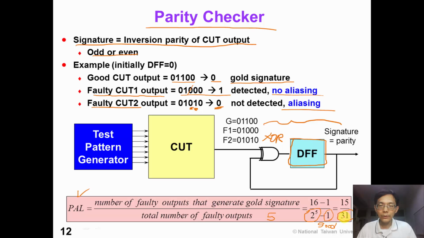Out of these 31 faulty bit streams, there are 16 bit streams that have the same parity as the good circuit. And don't forget to subtract 1, because this one also represents the good output. So overall, we have 15/31, which is approximately 1/2 probability of aliasing. This is not a very good ORA because the PAL is too high.